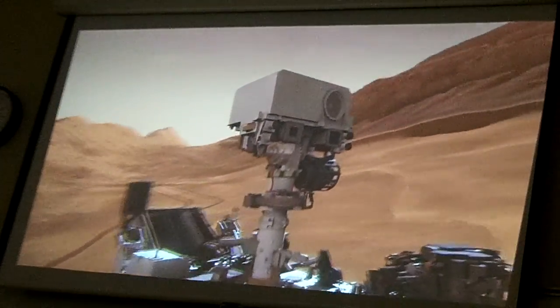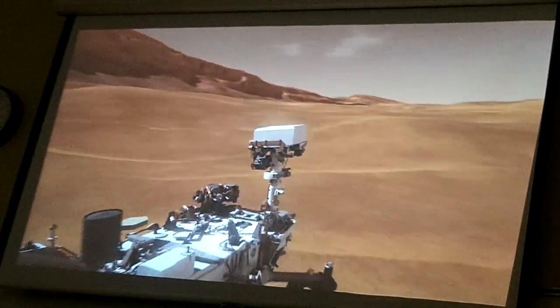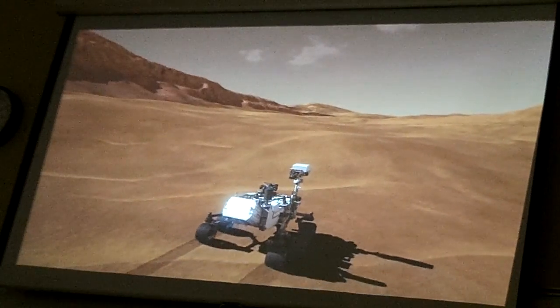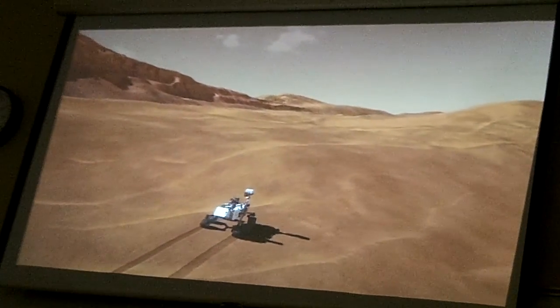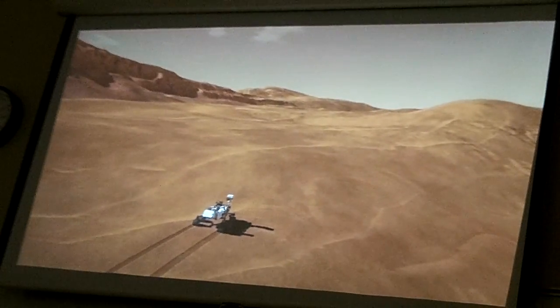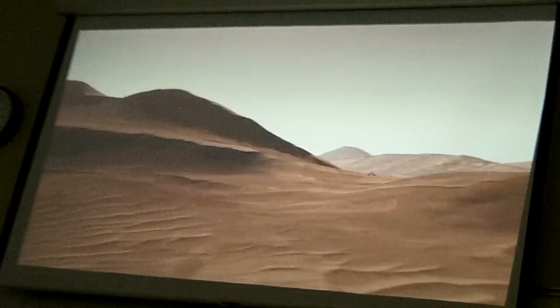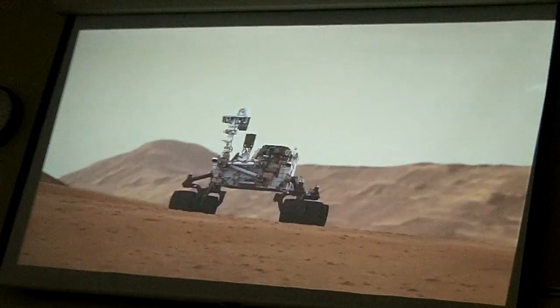It thinks for itself, so it doesn't get sentient and try to kill someone. It says, look around and go where you see something interesting, and start digging. They can send it commands if they want to, but they've got to understand it's not going to be able to do anything with those commands for a couple hours after you send them. So they'll send programs up to it, like load a program on it.